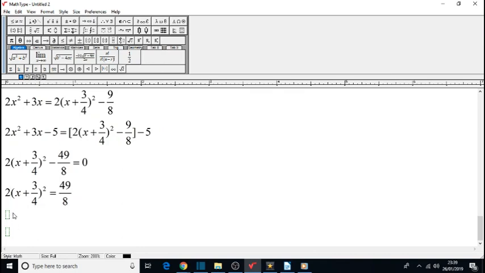So we only got (x + 3/4)². And whatever you do to the right hand side, you do to the left hand side. So 49/8 divided by 2 will be 49/16.